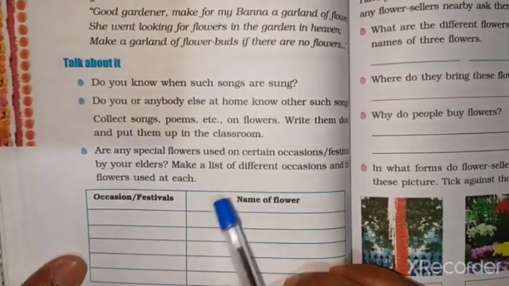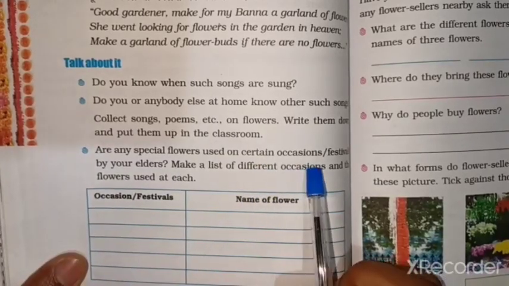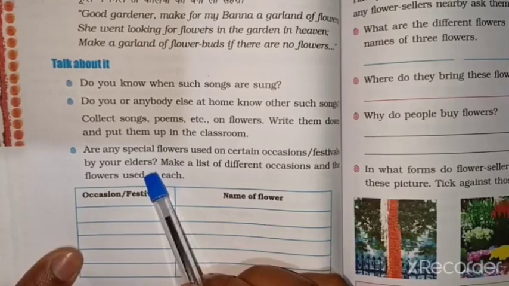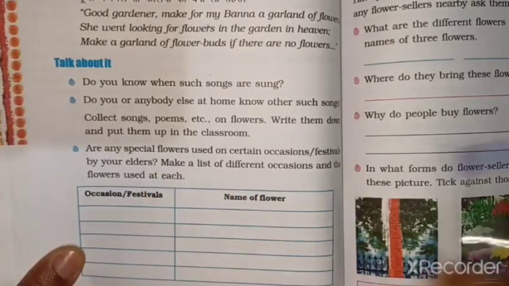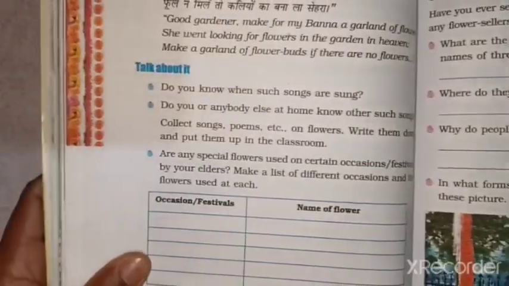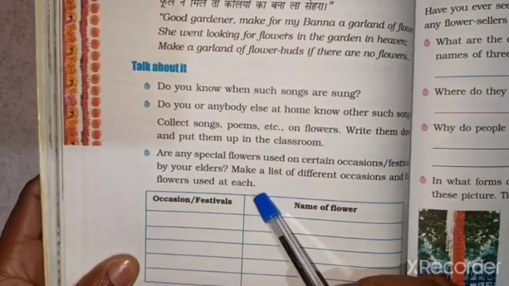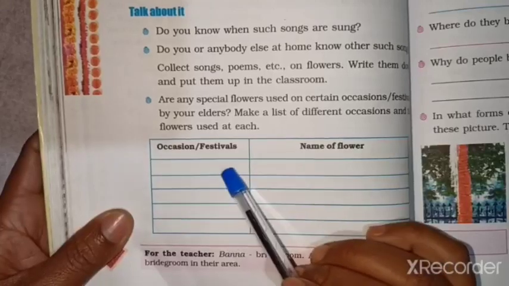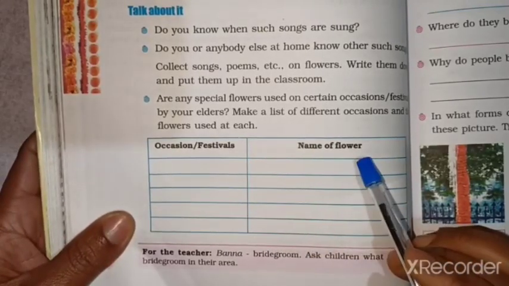Are any special flowers used on certain occasions or festivals by your elders? Make a list of different occasions and the flowers used at each. Here some samples are given: occasion or festival, and name of the flower.